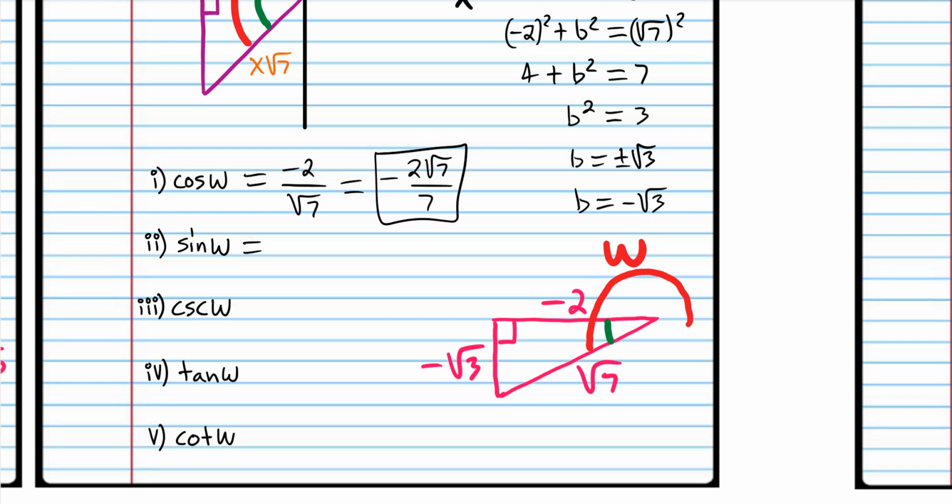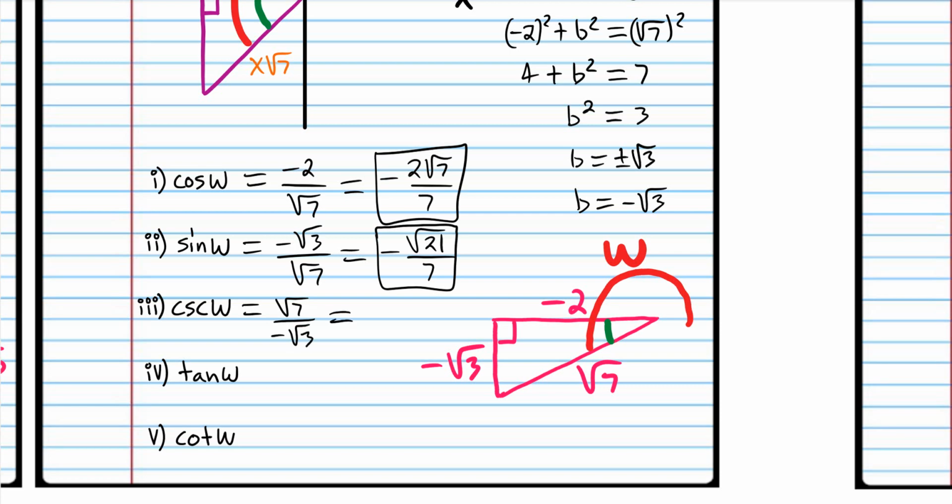Sine omega is the opposite side of the green reference angle divided by the hypotenuse. Multiply both sides by root 7, and we get root 21 over 7, and we cannot reduce that. You cannot divide 21 by 7 because that's not 21. That's root 21. Cosecant is the hypotenuse divided by the opposite side.